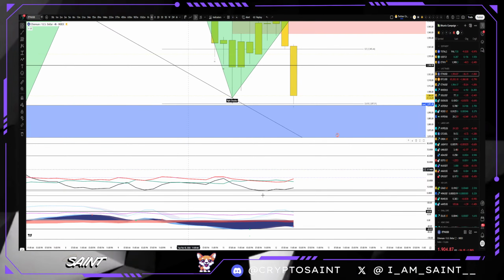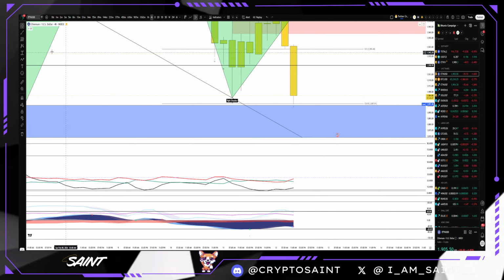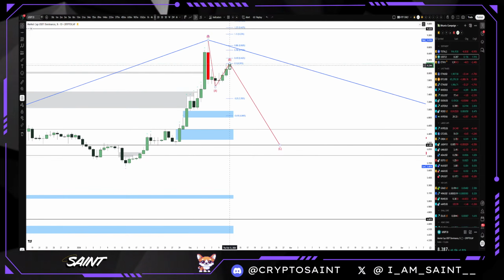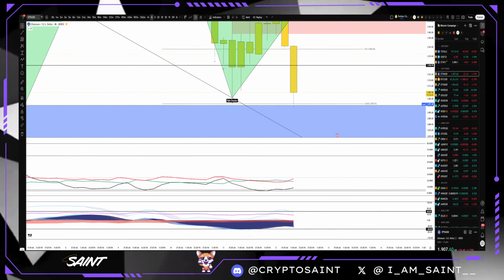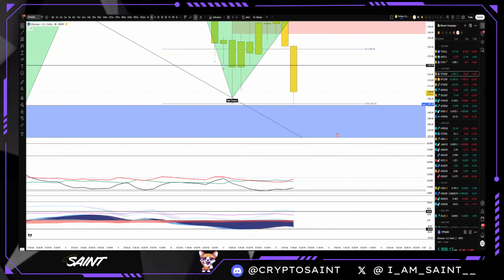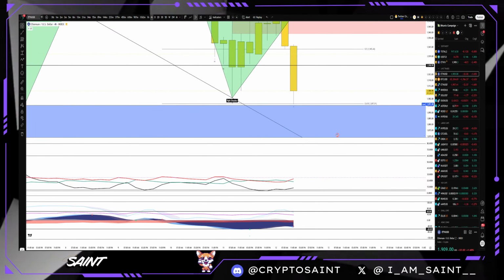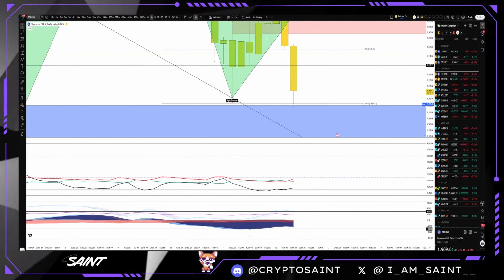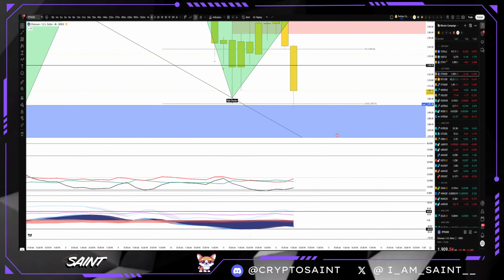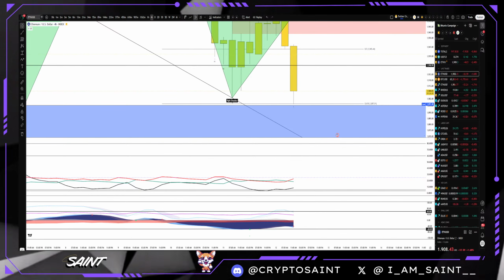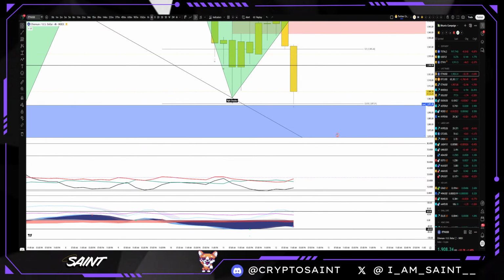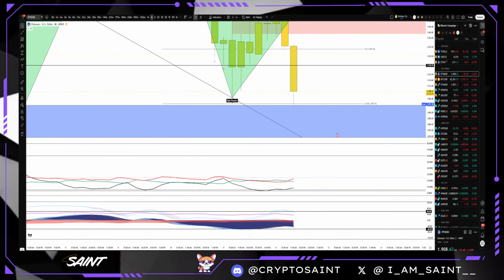Man, I should have longed BTC on that, but I'm going to wait to see what occurs. What did USDT do? Still scraping that 0.5. I literally had my finger on the trigger for 65081. I didn't pull it. I had to see if I could get a little bit lower on that.